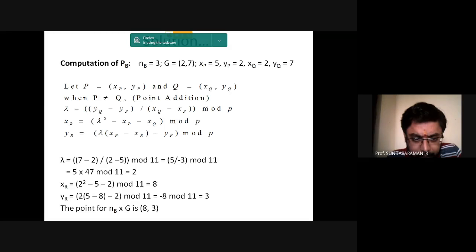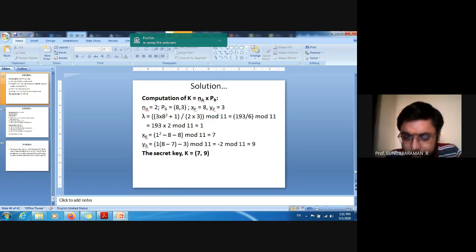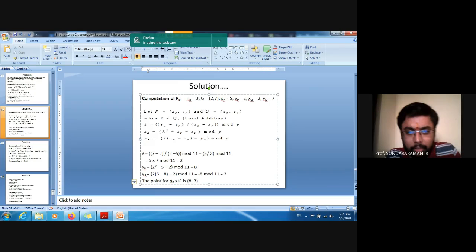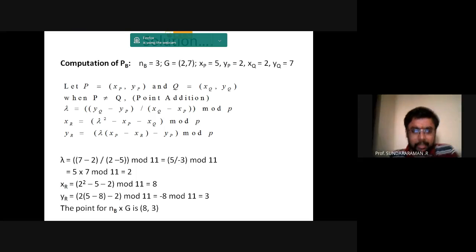Sorry, this is not 5 into 47. This is actually 5 into 7, not 47. So 8 inverse mod 11 is equal to 7. So 5 into 7 mod 11, that is equal to 35 mod 11. 35 mod 11 is equal to 2. So after computation, lambda is equal to 2, now you apply that lambda in computation of XR.